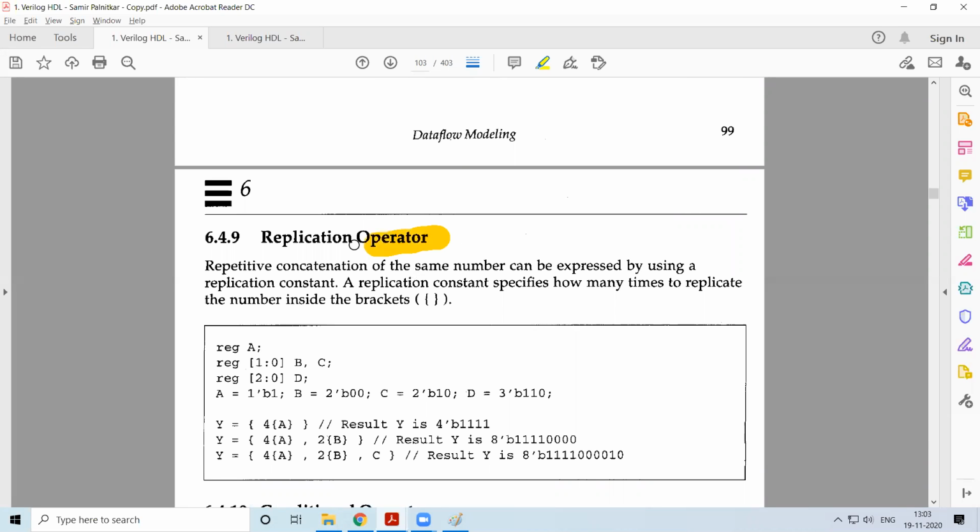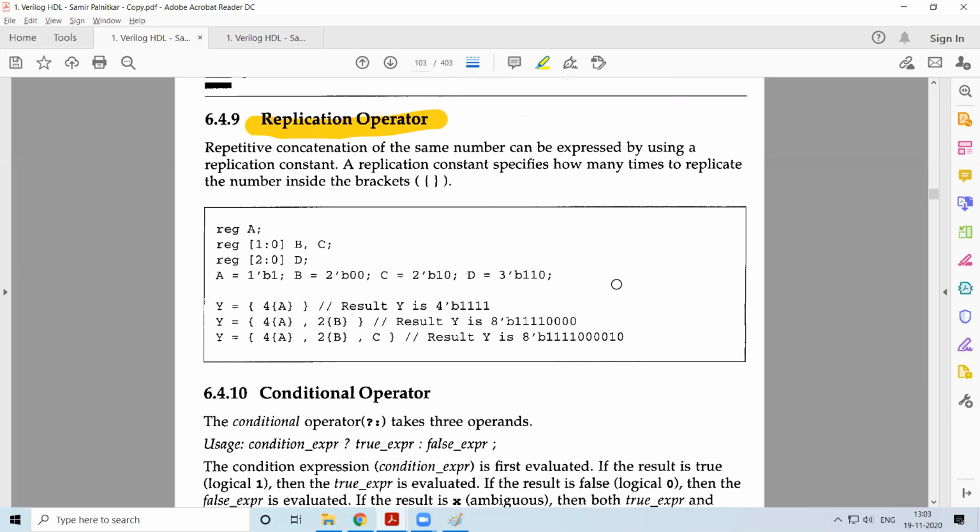Now next one is the replication operator, which is one of the special operators in Verilog. In the replication operator, the name itself tells that it has to replicate.